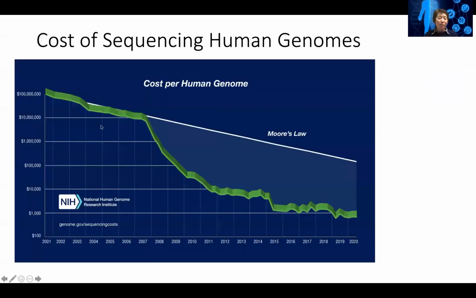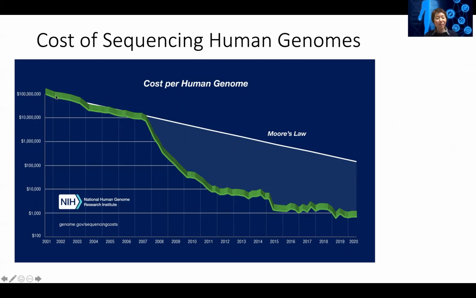If you look at the cost of sequencing a human genome, this is 2001, when the first human genome was finished. At that time, sequencing one human genome would cost $100 million.